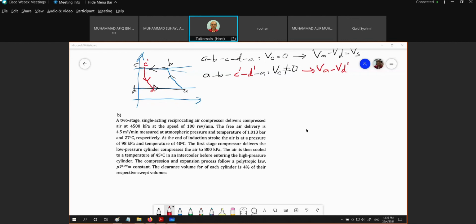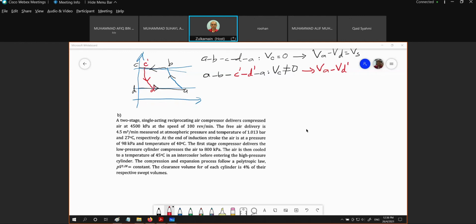Yesterday we did the single stage; today we did the single stage double acting. Now we are going to look at this two-stage single acting. So that is the variation of compressors: single stage single acting, single stage double acting, and now multiple stage, in this case two stages with single acting.